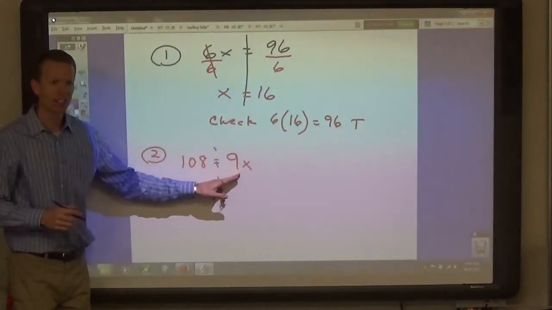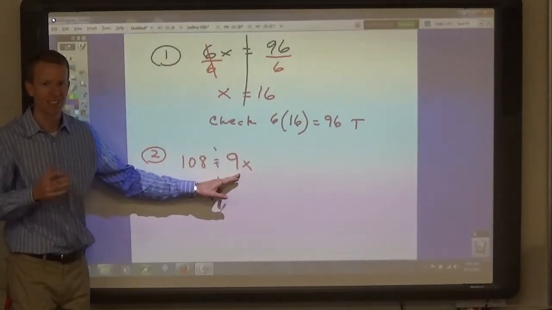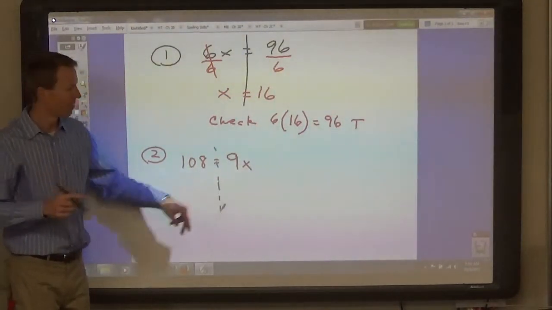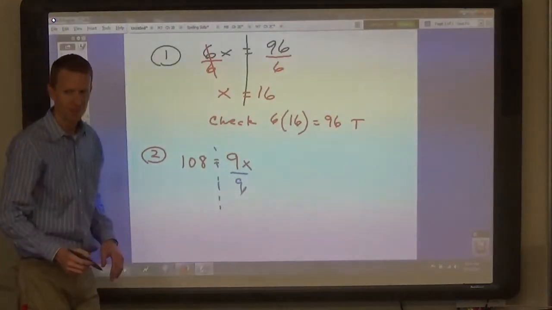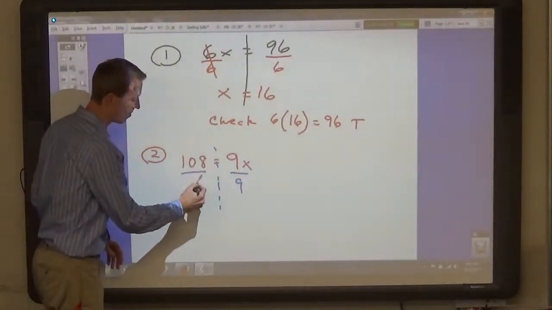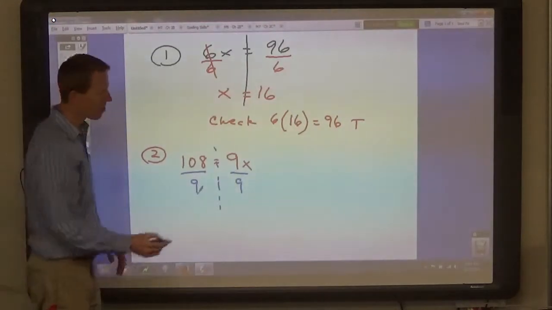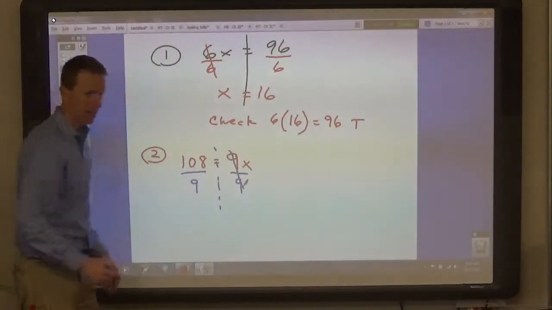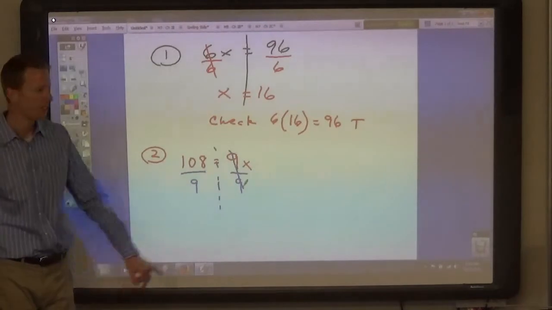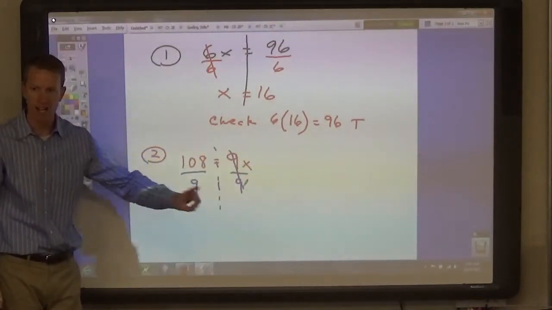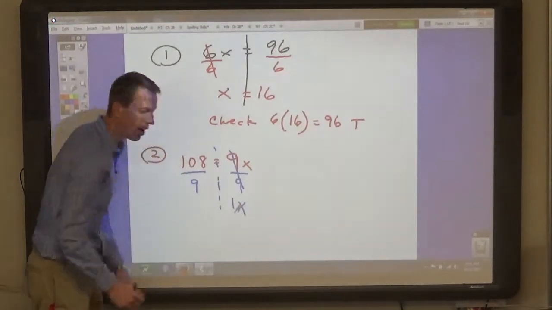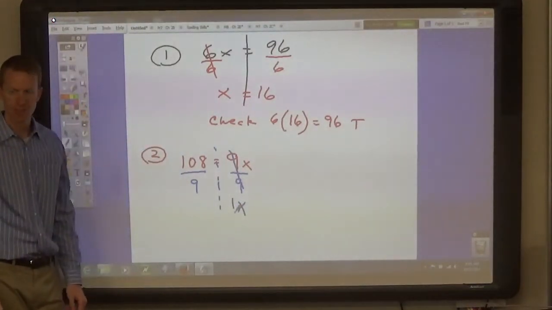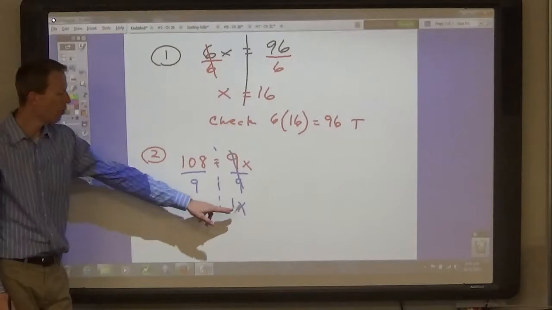So, we have to start on the side with the variable, class. Divide both sides by 9. Cross off the 9s on one side. Cross off those reciprocals, because 9 divided by 9 is 1. So now we have 1x. That's what we want.